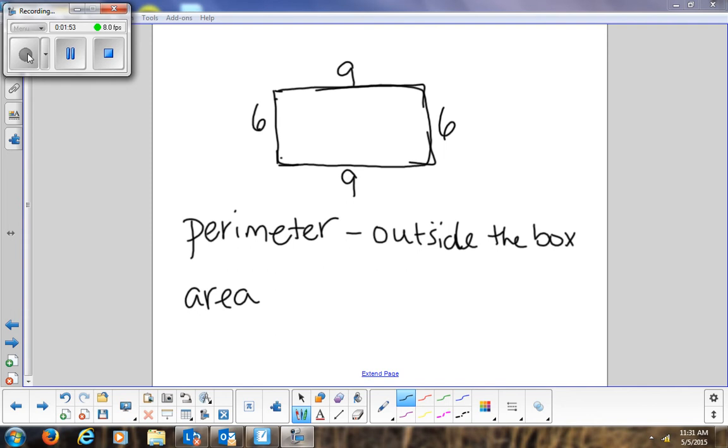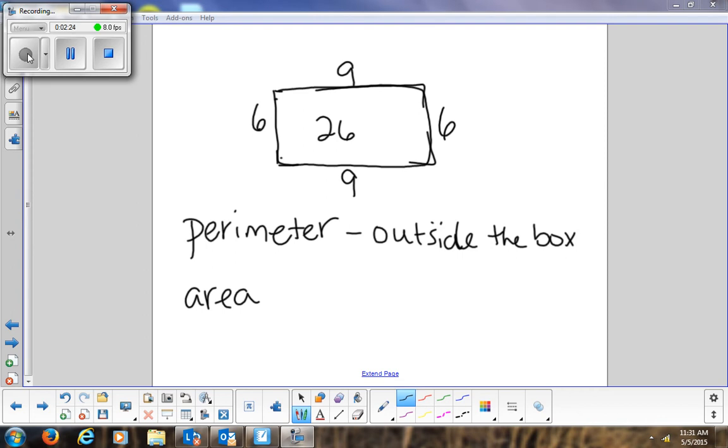Brantley, how many did you have inside? If you count all the boxes inside, you get 26.